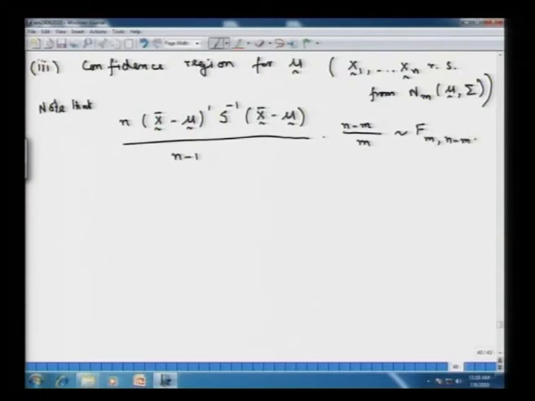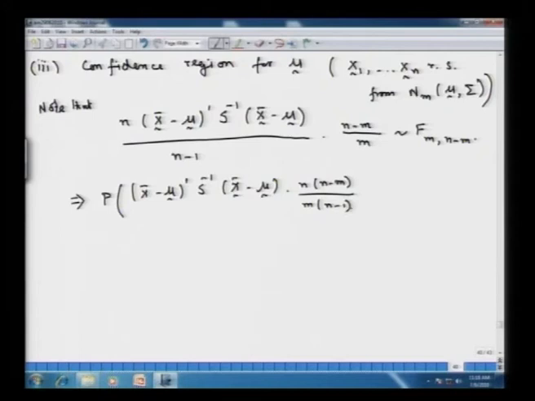Now if this relation holds true, this would imply that the probability of (x bar minus mu) transpose S inverse (x bar minus mu), multiplied by all these constants, n times n minus m, divided by m times n minus 1, being less than or equal to F_{m, n minus m, alpha}.